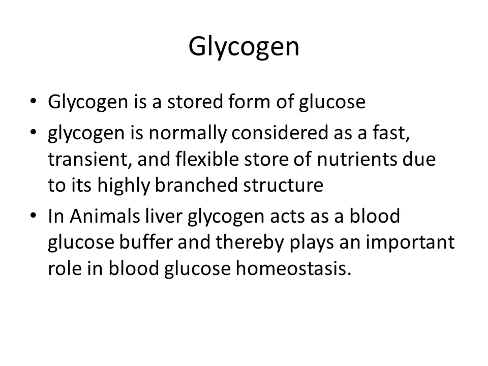Glycogen is normally considered a fast, transient and flexible store of nutrients due to its highly branched structure. In animals, glucose is stored as glycogen in the liver. So this is one of the key points that prokaryotes are the basics of eukaryotes.